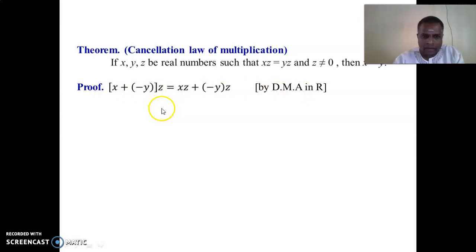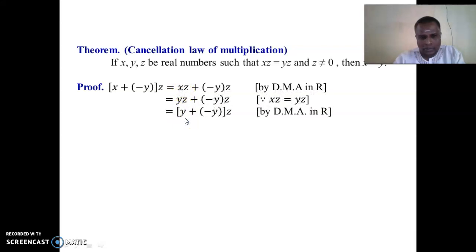So we replace xz by yz here. We apply the distributivity of multiplication over addition.